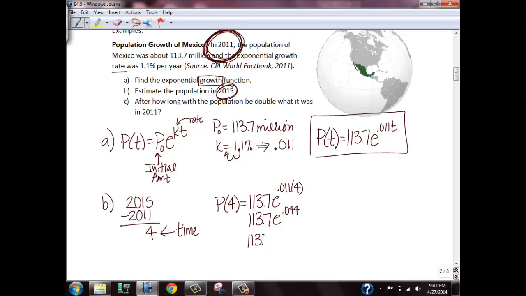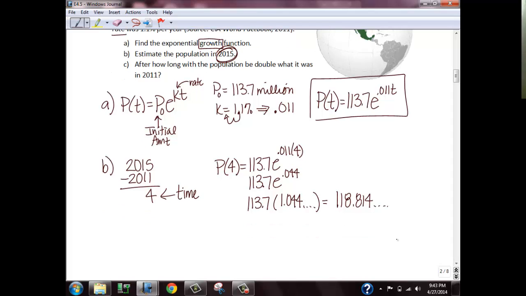Then in your calculator, you want to do e to the 0.044 power, which should give you something like 1.044 and a whole bunch of other decimal places. Now, never round until the final answer. So I'm going to multiply this number by 113.7, which gives me 118.814 and some more digits. Now in this problem, it didn't specifically tell me how to round. In your problems on MyMathLab, it will tell you how many decimal places to round each piece to.